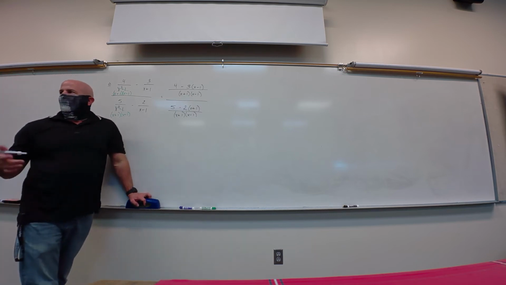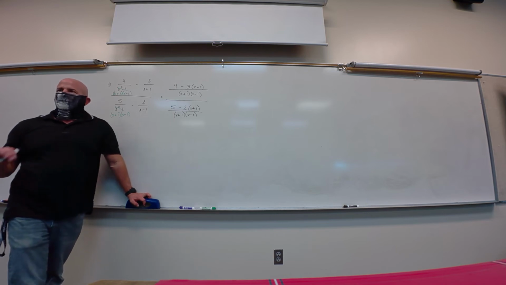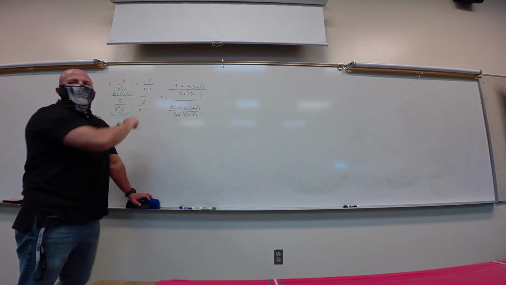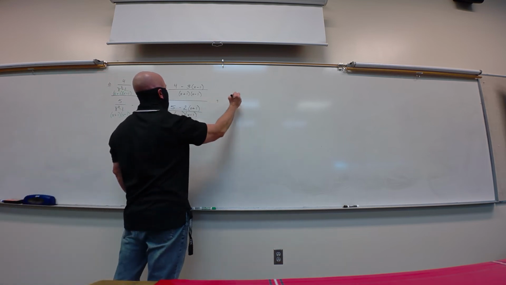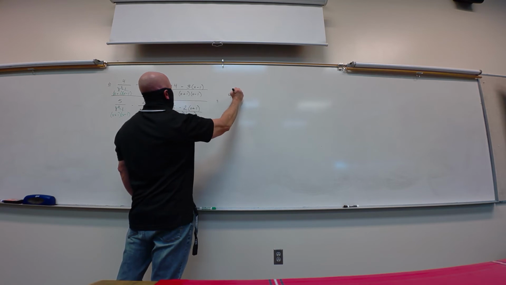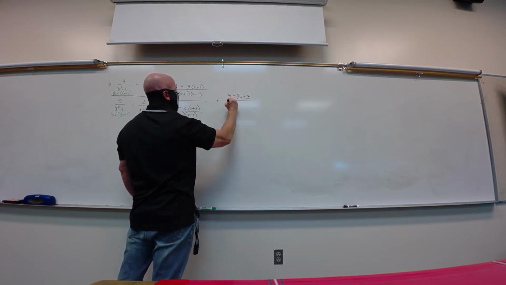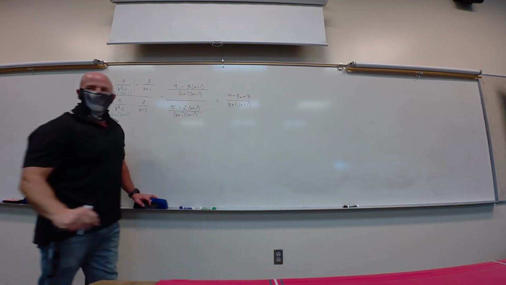So now we're going to invert and multiply, simplify where I can. So this top one here, we're going to have 4 minus 3x plus 3 over x plus 1, x minus 1. I went ahead and just distributed my negative 3.